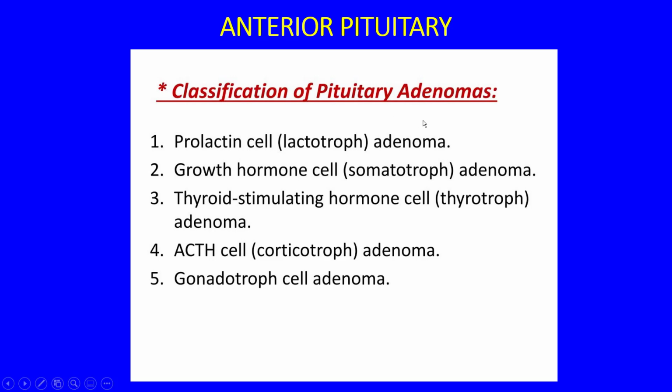If we talk about prolactin cell, it's a lactotroph adenoma. Growth hormone cell, it's a somatotroph adenoma. Thyroid stimulating hormone cell, that's a thyrotroph adenoma. ACTH cell, that's going to be a corticotroph adenoma, and then a gonadotroph cell adenoma.